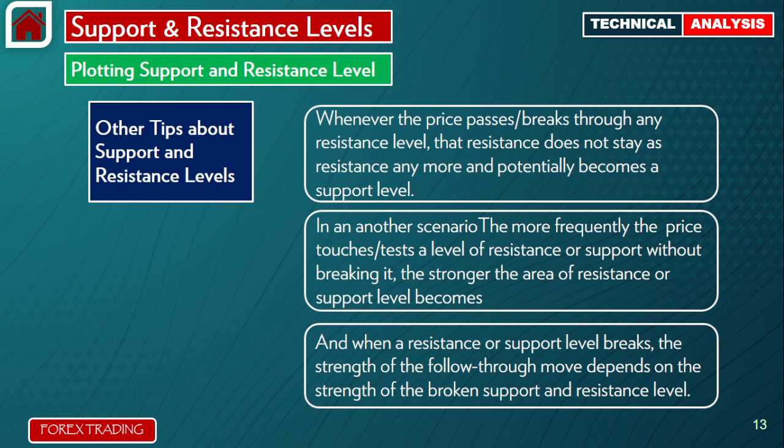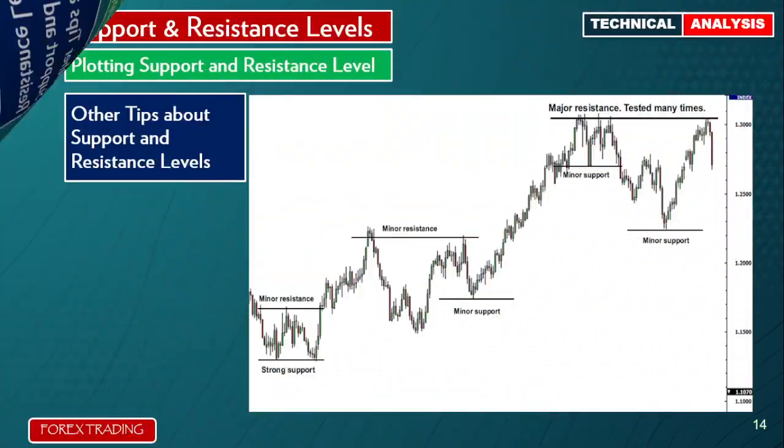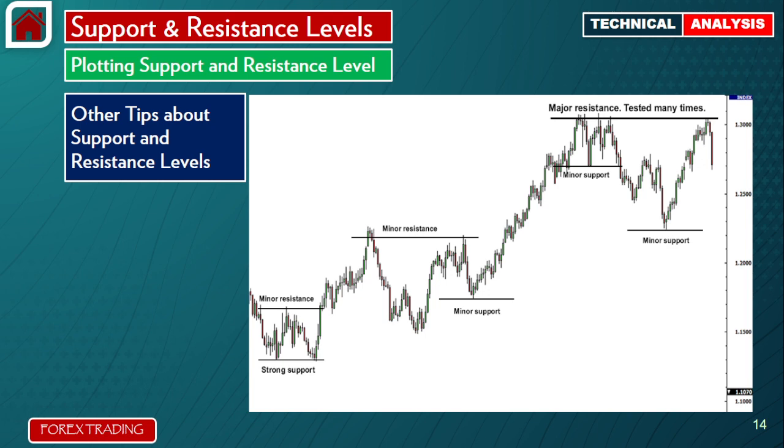Some more detail and tips on understanding support and resistance levels. You can see over here there is a chart with an upward movement. There is a minor resistance, but here it's a strong support, as it touches 2 times and bounces back.